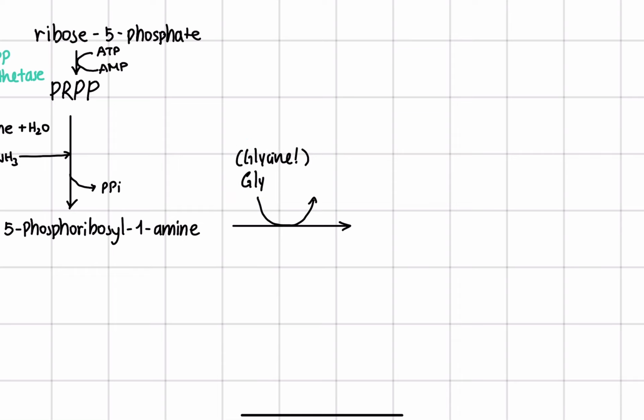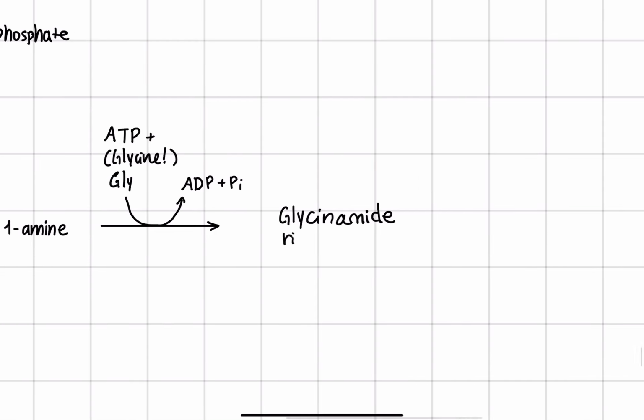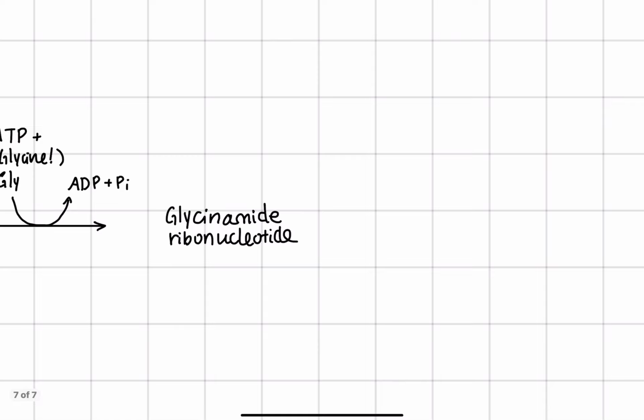If we're adding amino acid onto the ring, of course, we need ATP to give us some energy. Now we have glycine amide ribonucleotide.